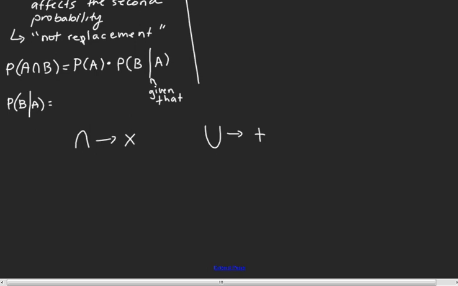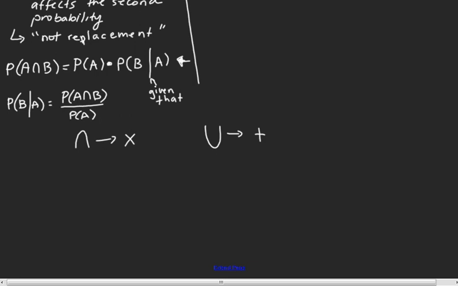If this is multiplication, divide both sides by probability of A. So it would be probability of A and B over the probability of A. So sometimes you might have to rearrange that formula. If you know this one, you can easily rearrange it.